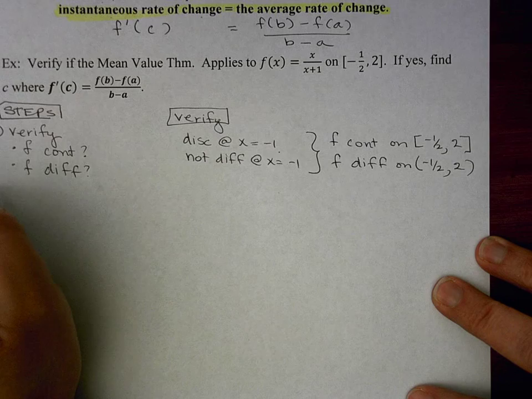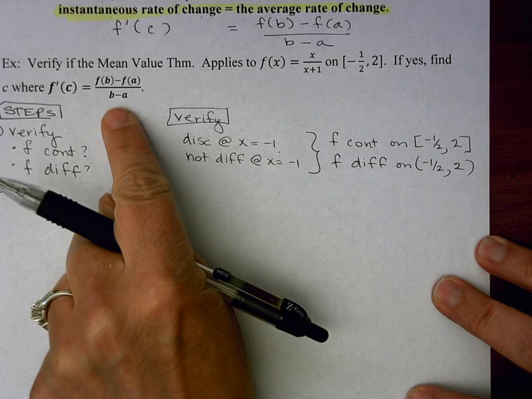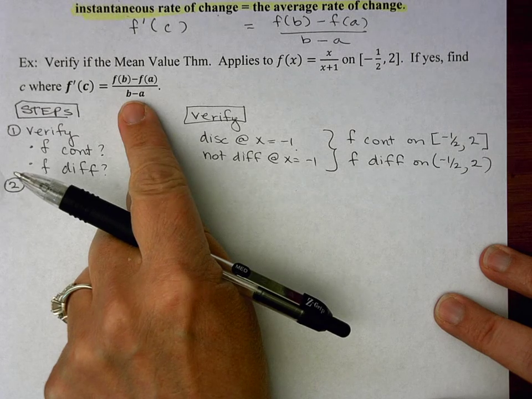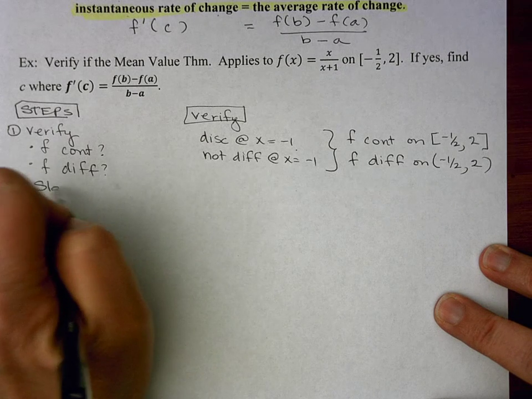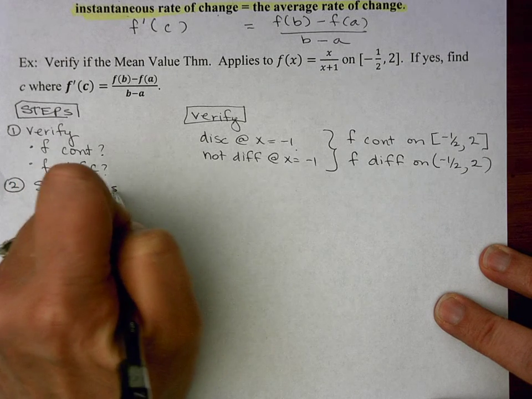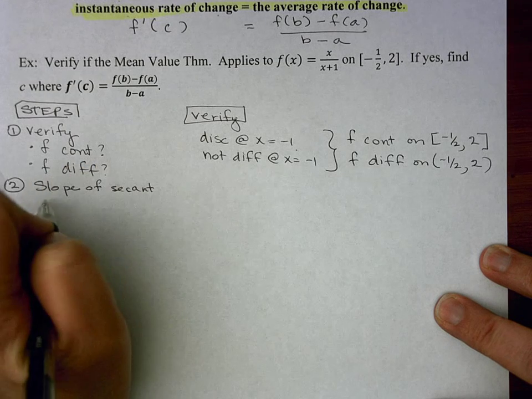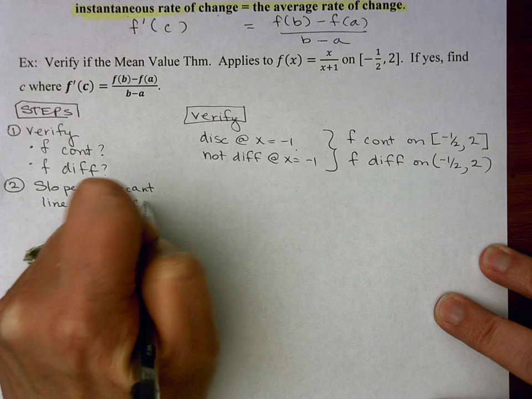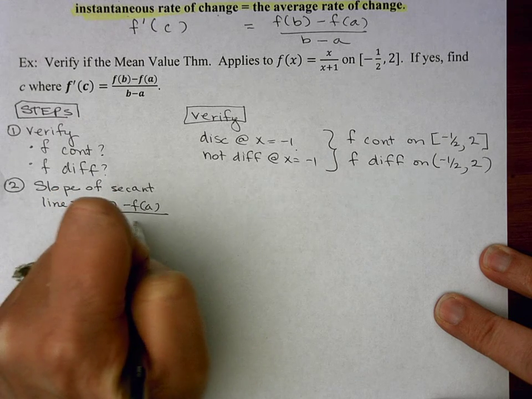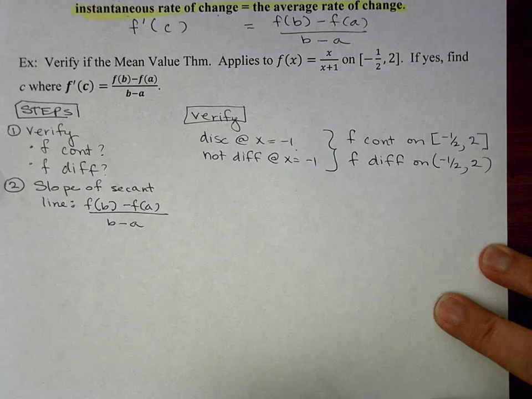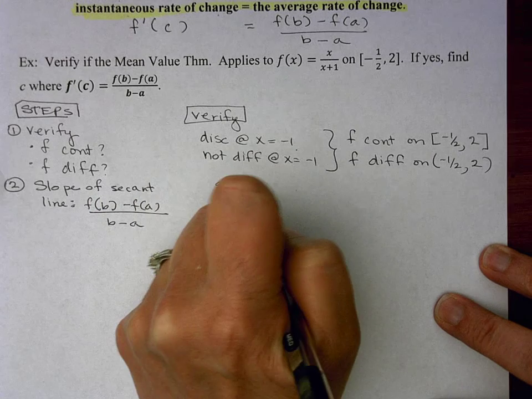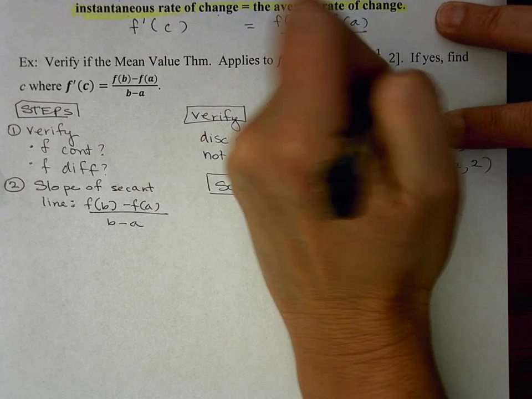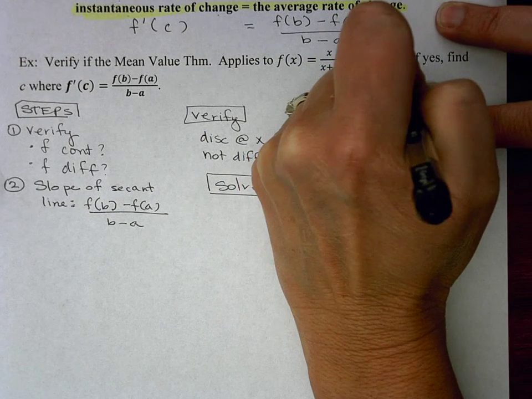And then my second step is I want to find the slope of my secant line. So I want to do this portion first. So I'm going to do f of b minus f of a over b minus a. So now I'm going to, in the solve portion, if I look up here, this is my value for a and my value for b.